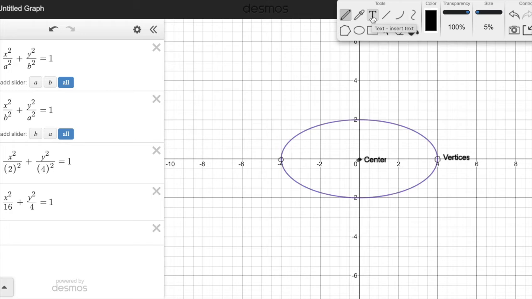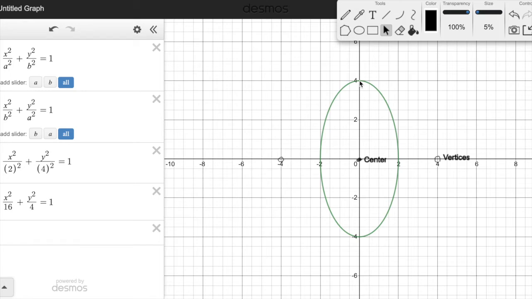How you would find those, if you notice these sit at 4 and -4, well, the reason is the A value here. If you square rooted the 16, it would be 4, so it's just the negative version and the positive version. If we look at this one instead, the green one, now the vertices would be on the Y coordinate, so it'd be (0, 4) and (0, -4).